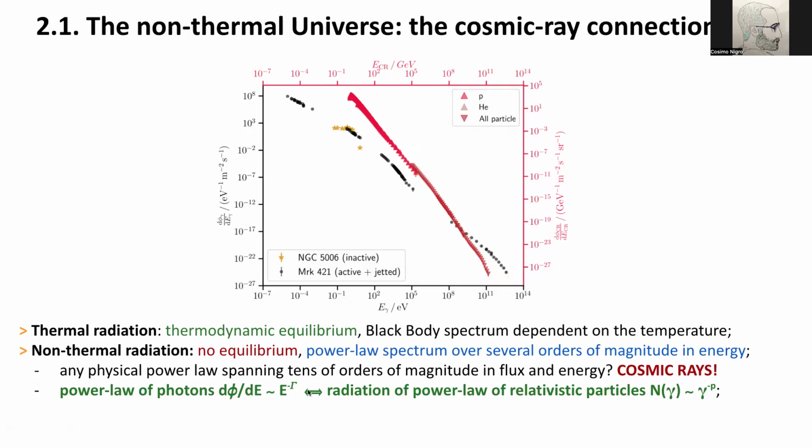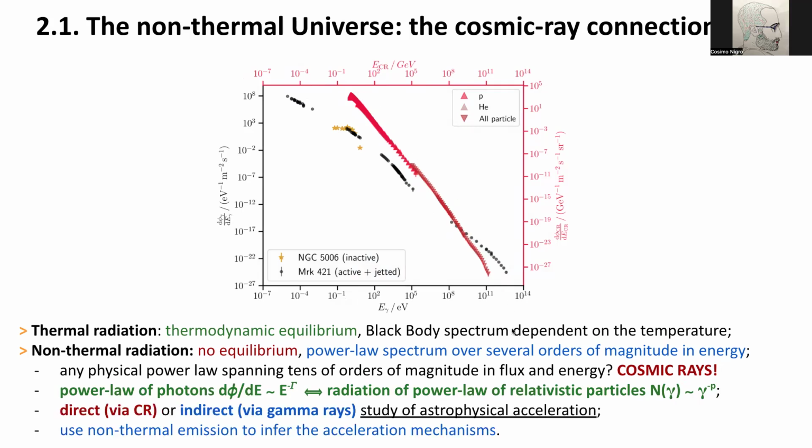A power law of photons can only be produced by the radiation of a power law of relativistic particles. So studying the spectrum of gamma ray sources, of non-thermal emitters in general, becomes a way to infer the particle spectrum that is being produced by these sources.